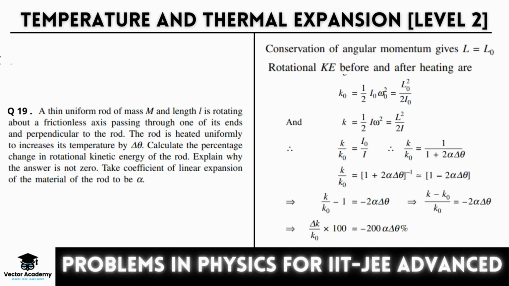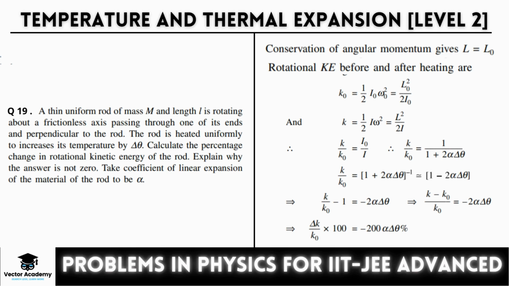Let us consider angular momentum to be capital L. Conservation of angular momentum gives capital L equals capital L0. Rotational kinetic energy before heating K0 equals half I0 omega 0 square equals capital L0 square divided by 2 I0.